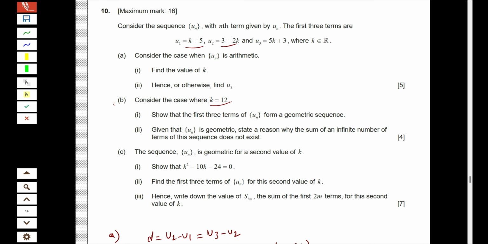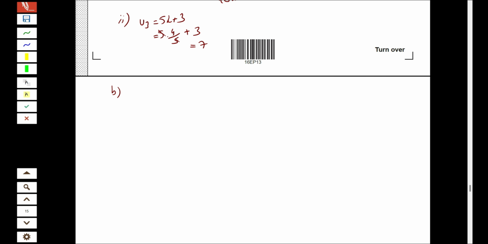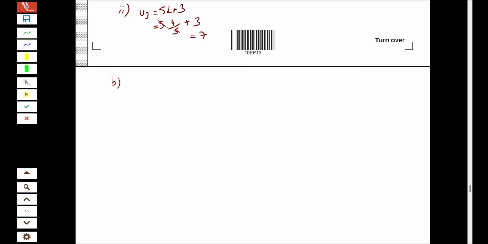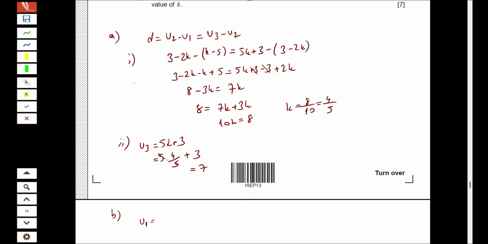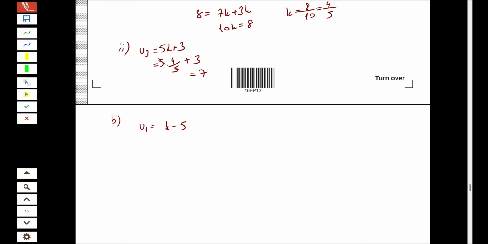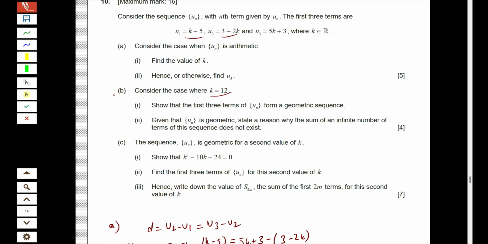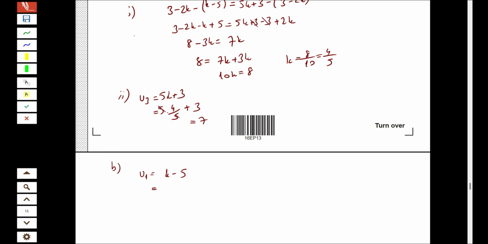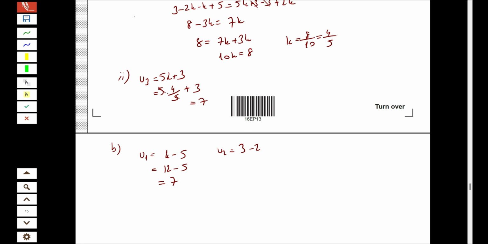And k equals 12. So we're going to plug in 12 for k. U1 equals k minus 5, and k equals 12. In this case, it will be 12 minus 5 equals 7. U2 equals 3 minus 2k.